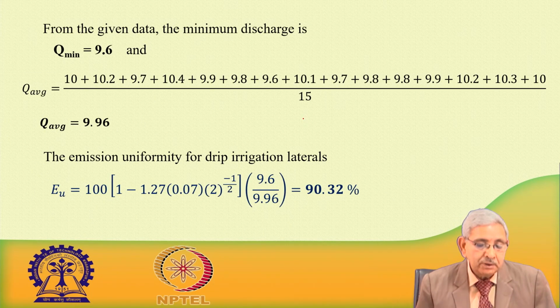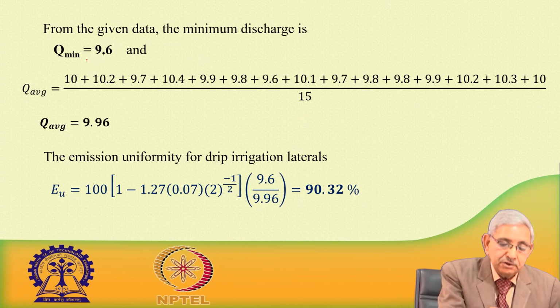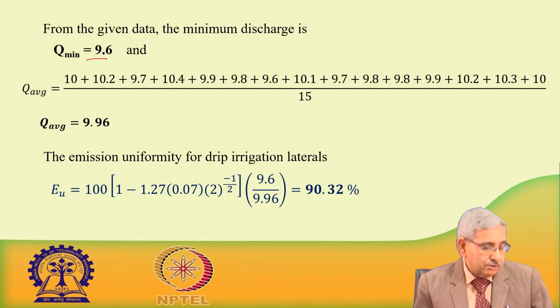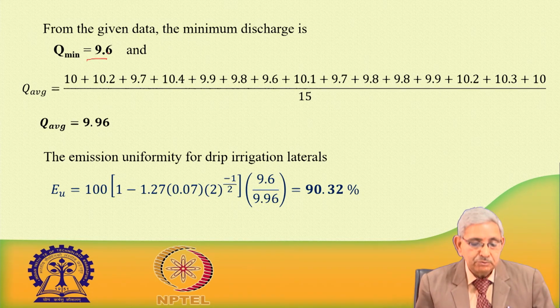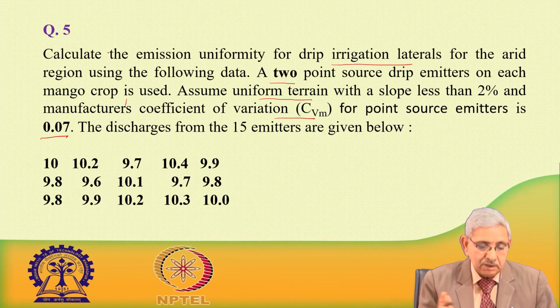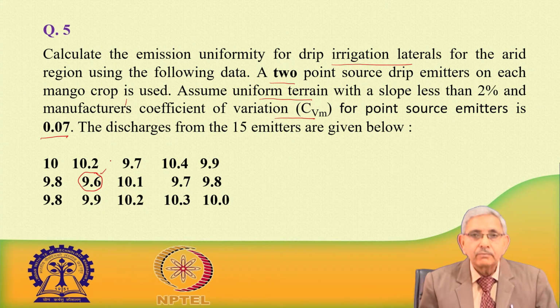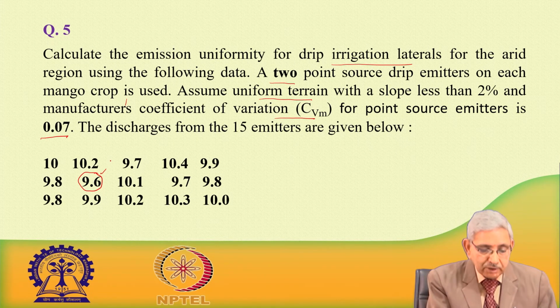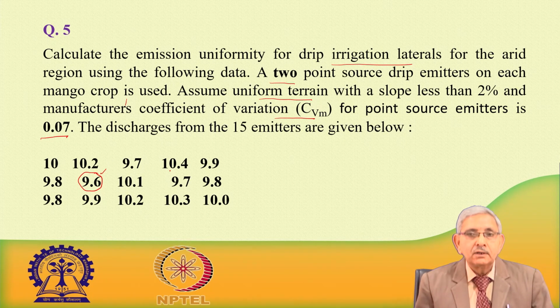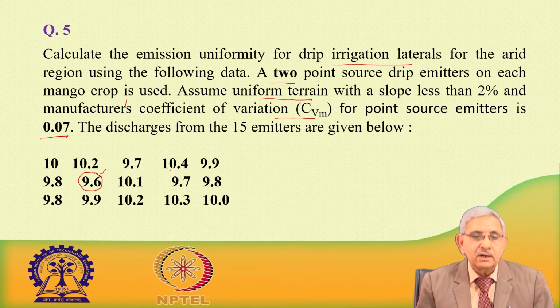So, Q min is already in the data. From the data which you just see here, we have got this value as 9.6 out of the total 15 observations. The minimum value is 9.6 liter per hour.